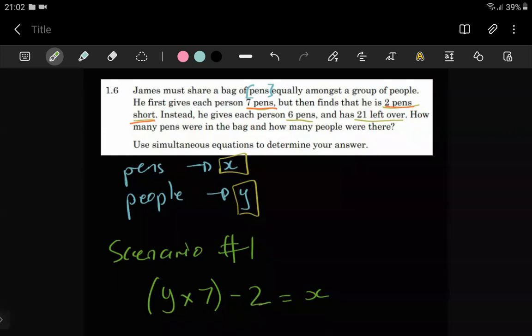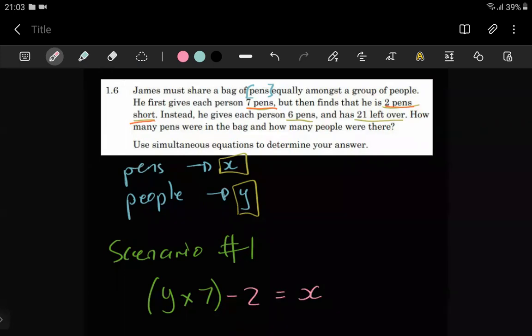Do you see the logic behind what we just did? Yes. We can repeat it. So we said if he had 7 pens to give to 10 people, he would have had 70 pens. However, he cannot give out 70 pens. He can only give out 2 less, because that's the amount of pens he has.